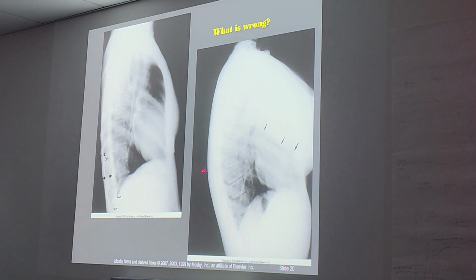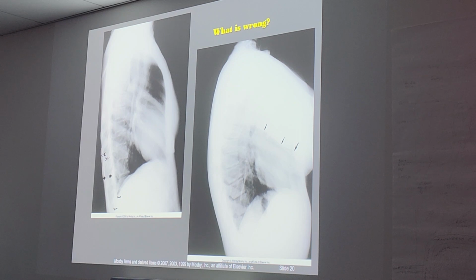What about rotation? Looks superimposed, so I don't see any rotation. What about the lungs on that one? Is it kind of faded out at the bottom? Yeah, these are the arms.